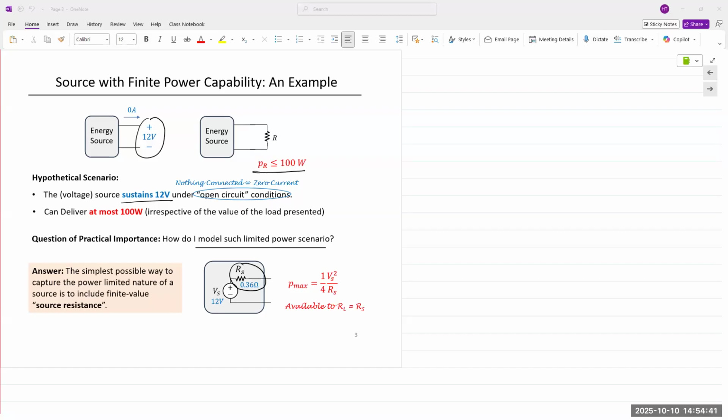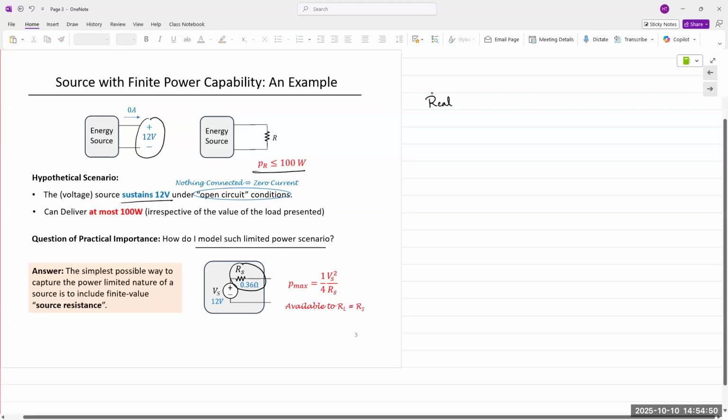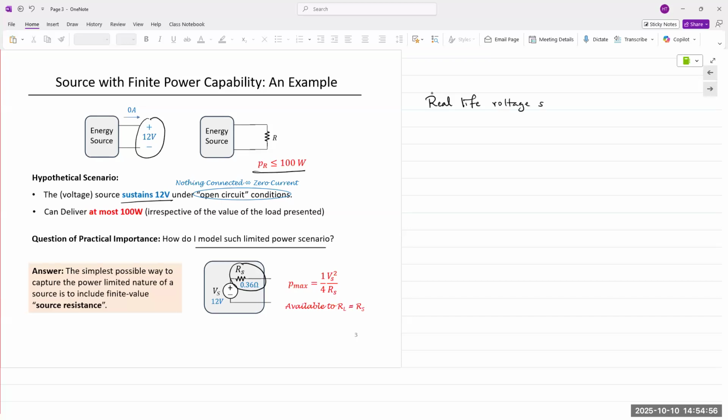A real life voltage source will have a resistor in series with the source. This is known as the source resistance.